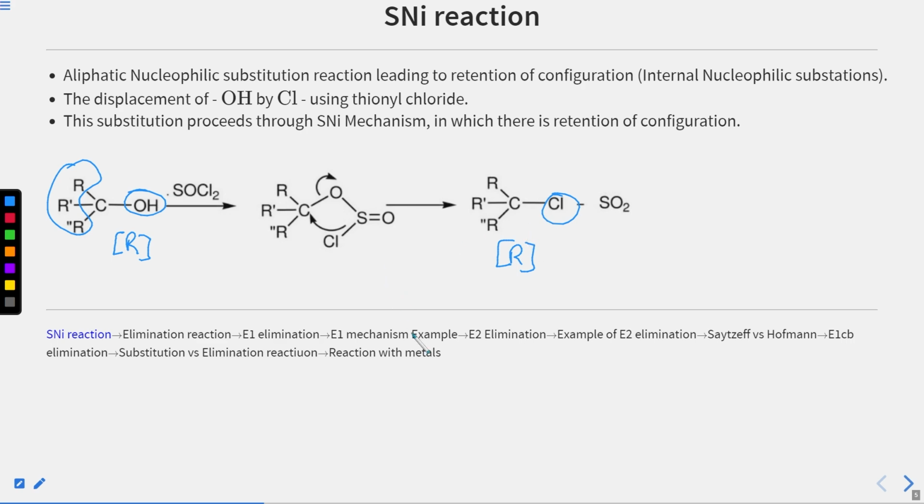So this is SNi, the third type of substitution reaction, and it leads to retention of the configuration of the initial reactant.